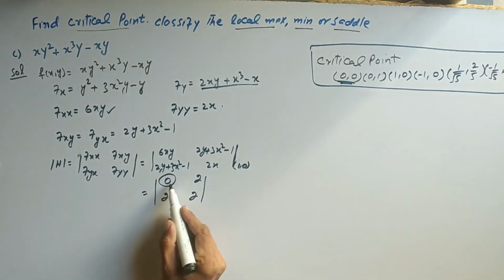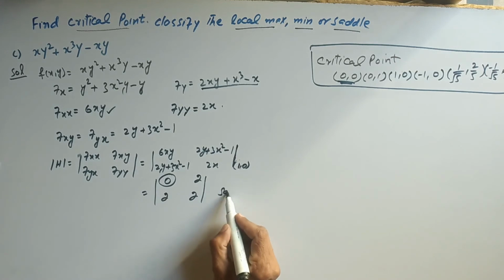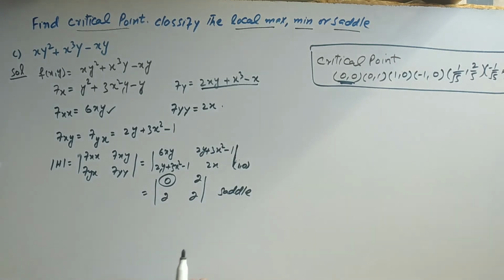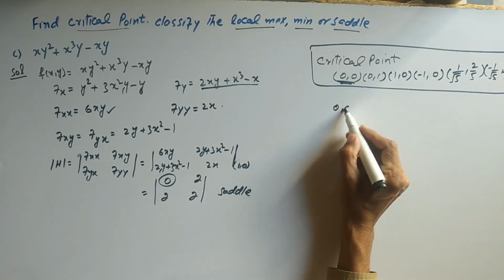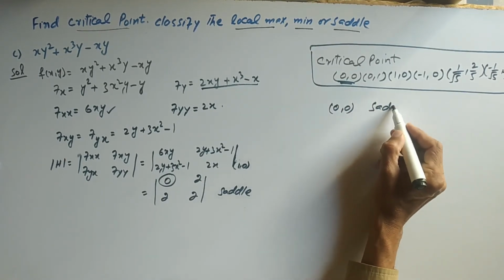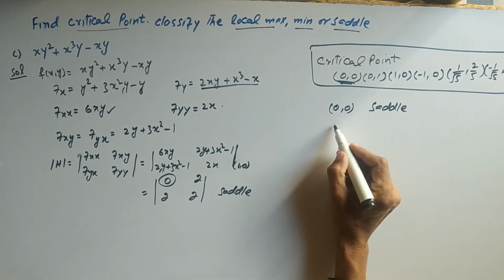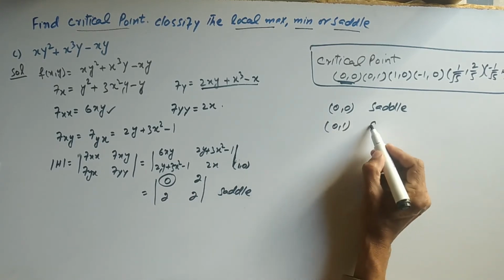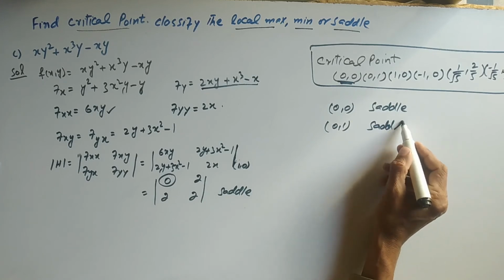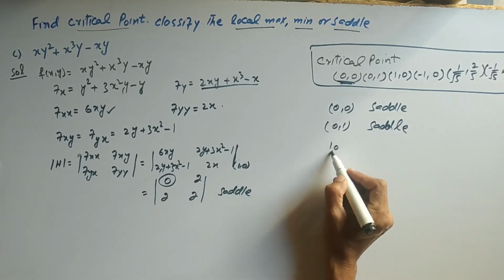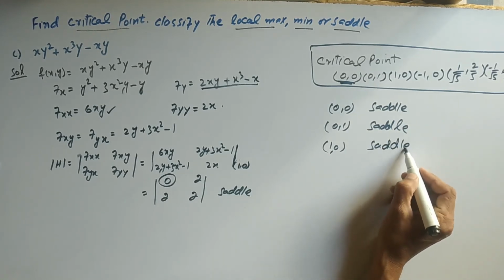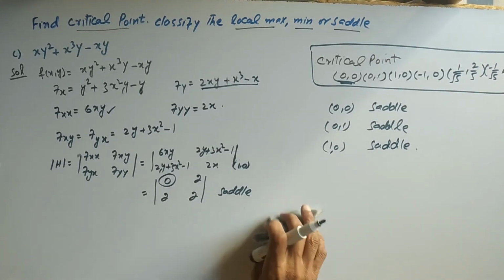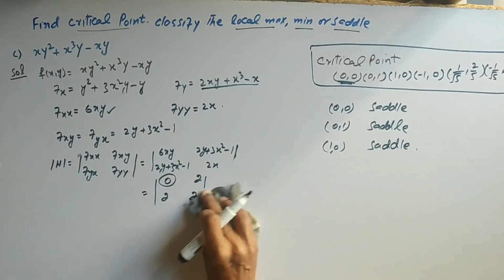So look at this, here is a 0, so no need to solve further, that is a saddle point. At 0 0 the answer is a saddle point, at 0 1 also a saddle point, and at last 1 0, the result is also a saddle point.